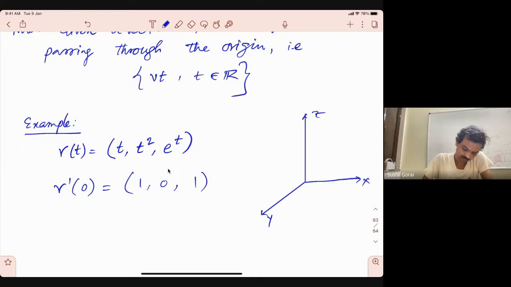This is the projection in the xy axis. At each t you have the exponential, so at 0 it starts from 1, and suppose this part is negative, so it is something like this maybe.